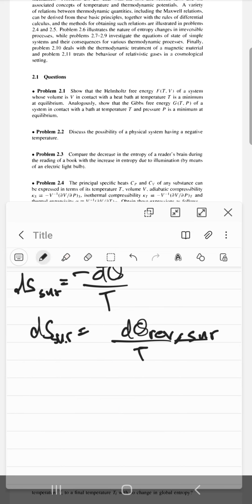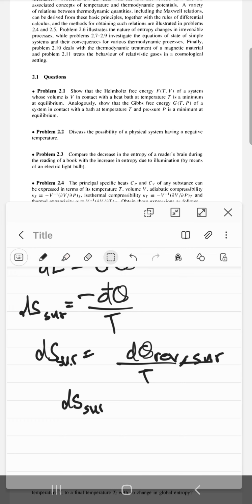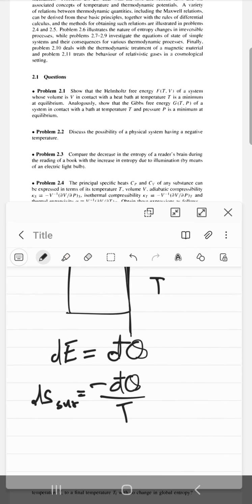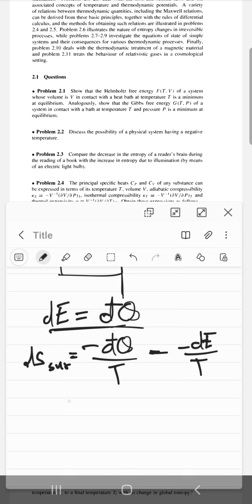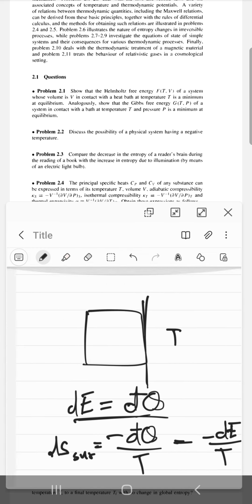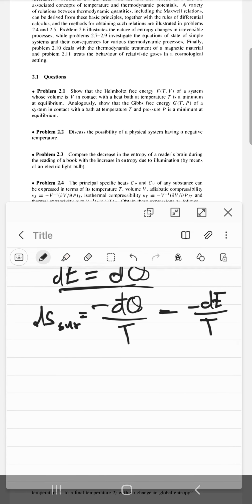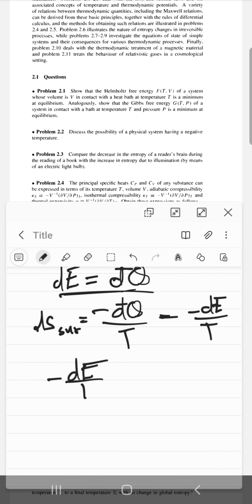And so you can actually write without any worries dS surrounding equal to minus dQ over T, I've already written that down, this quantity. But now remember that this equation is there, so we can write it as minus dE upon T. Cool. From here we are pretty much done, because we just add to this the dS for the system, and what we essentially get is minus dE upon T plus dS, and that's the entropy change for the whole universe.